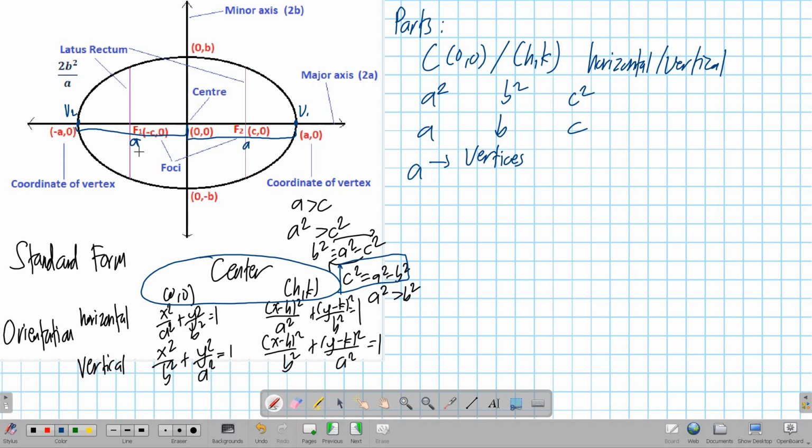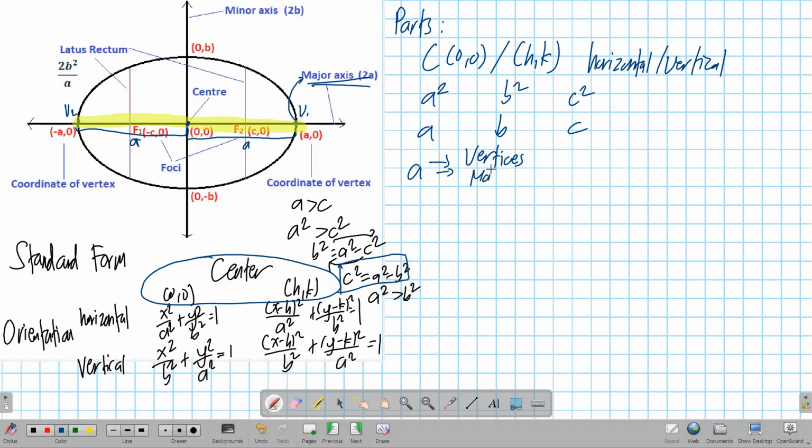Now, the other name that we can call this, since this is a line segment, I don't know if it is obvious, but here it's not that obvious. You can just highlight this. So this line segment here that contains the center and the vertices is what we call the major axis.